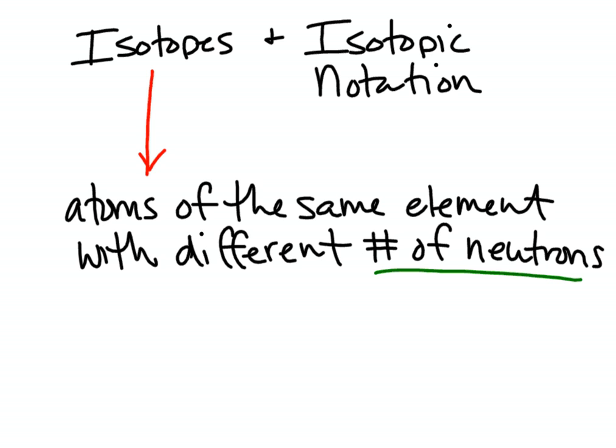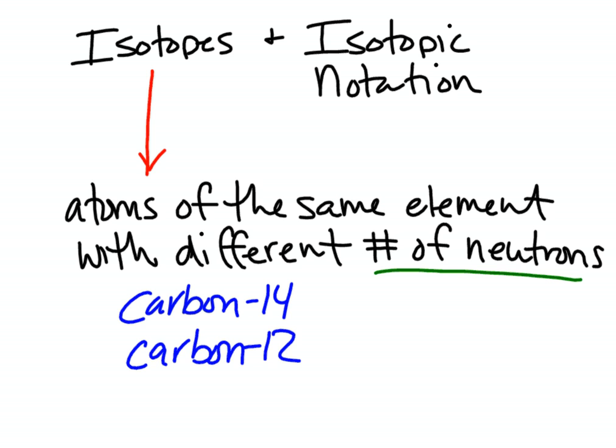For example, if I had, say, carbon-14, and I had carbon-12, these numbers right here represent the mass number.